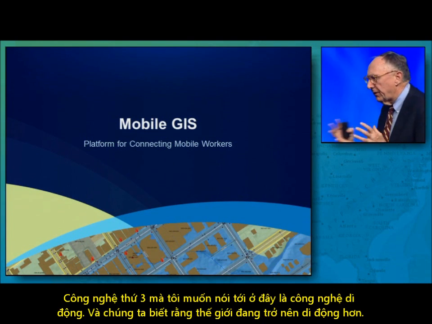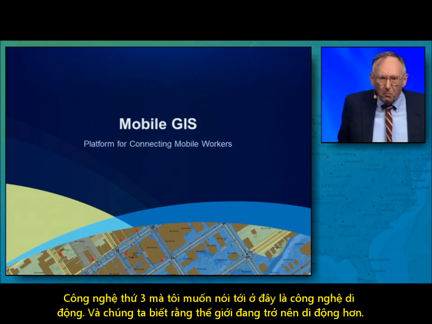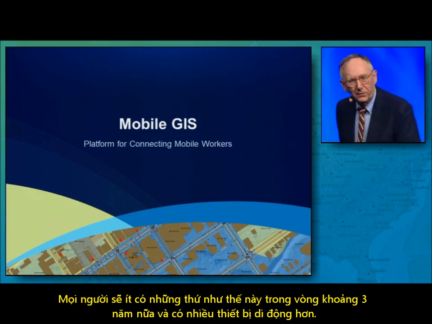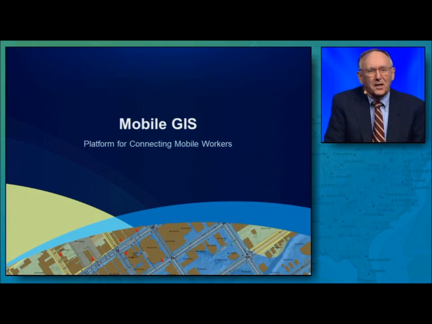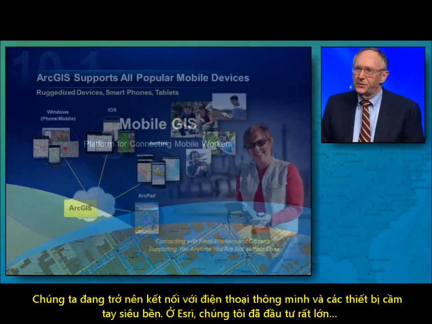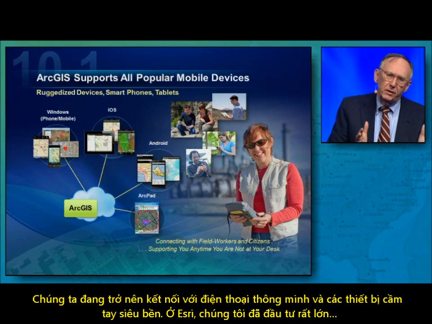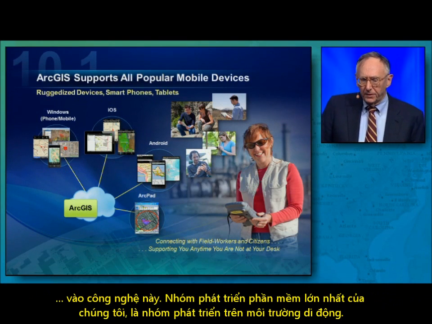The third technology I want to talk about here is mobile. And we know the world is becoming mobile. People will have less of these in 3 years and more of mobile devices. We're all getting connected with smartphones and ruggedized devices. We've placed a huge investment at Esri in this. It's our largest software development team.